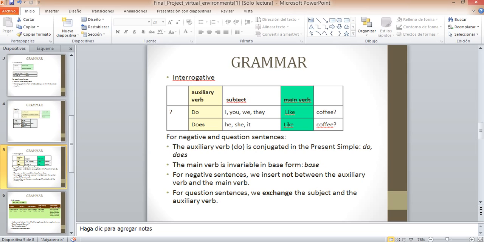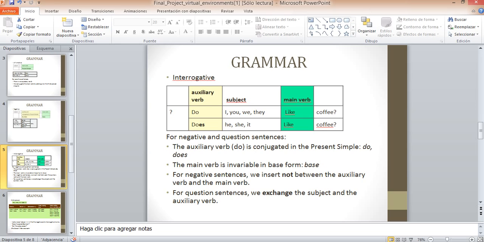The rules that I have mentioned before are these. For negative and question sentences, we find the auxiliary verb that is conjugated in present simple, do or does. The main verb is invariable in base form.